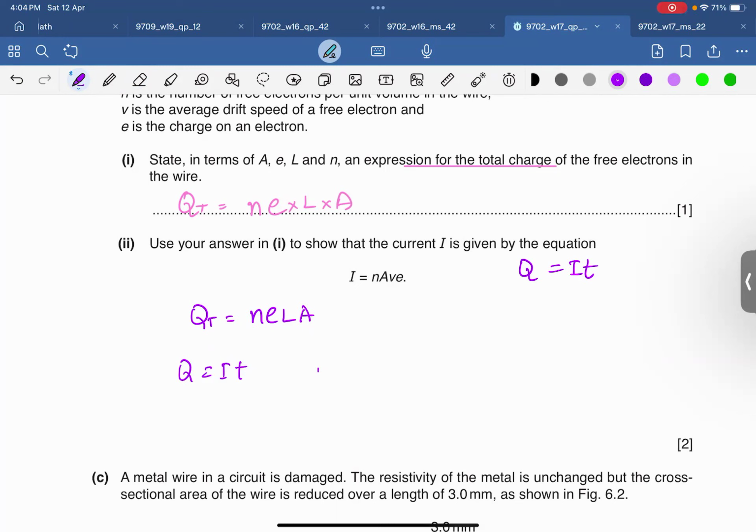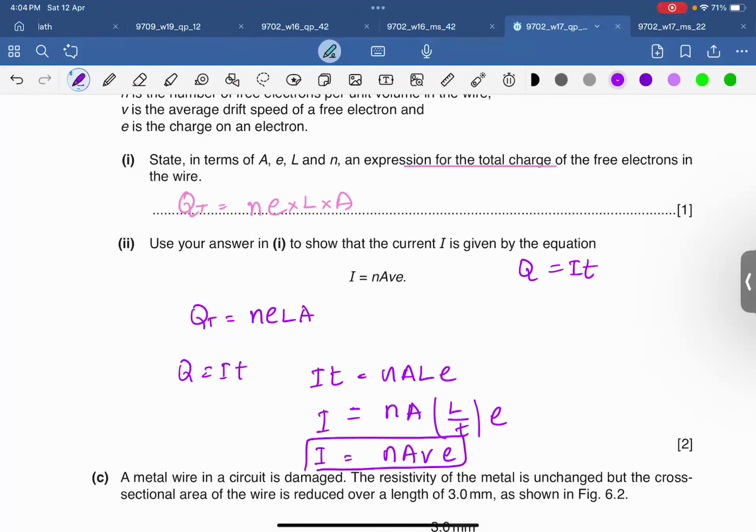And you can put it IT equals to NALE, right? And just shift T to the other side. So this becomes NA, L will be L divided by T, and E. So it becomes I equals to NA, L over T is basically V, the drift velocity, times E. Okay. Is that clear, guys?